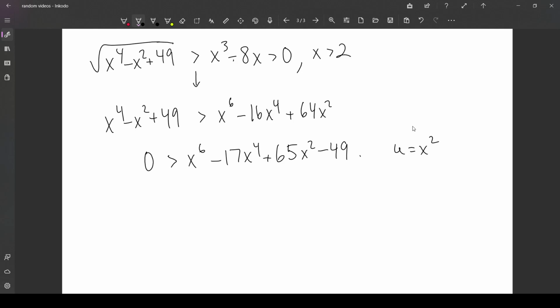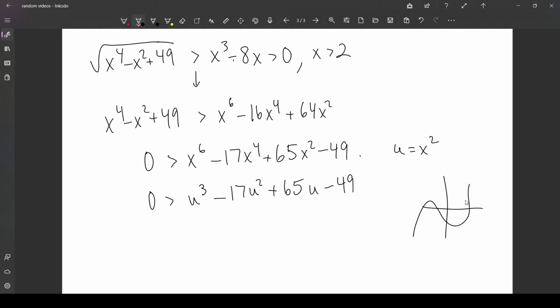So if you let u equal x squared, then we have a cubic. Now, the fact that this cubic is less than 0 is very important. Why is it important? Well, this cubic has a positive leading coefficient, which means if you plot it, an arbitrary cubic is going to look something like this, with a positive leading coefficient.